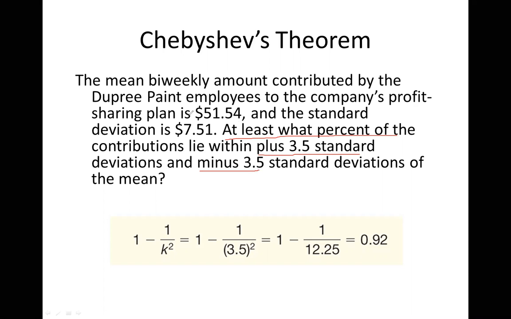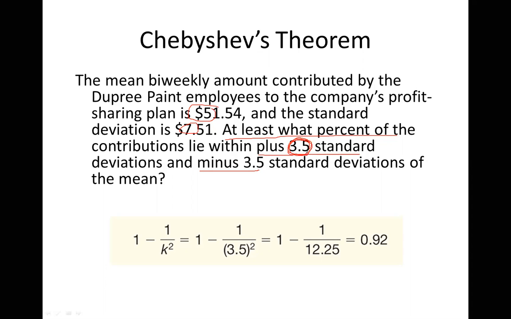That means if you have mu and sigma, at least what percent of the data lies within k standard deviations of the mean, with k equal to 3.5, using the Chebyshev theorem. We don't have any information about the distribution.